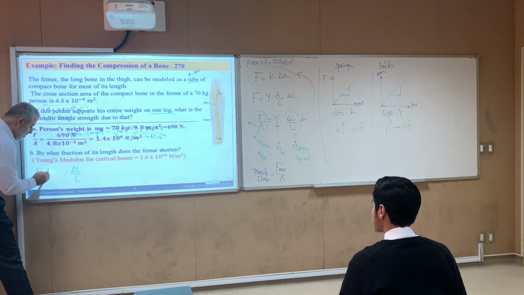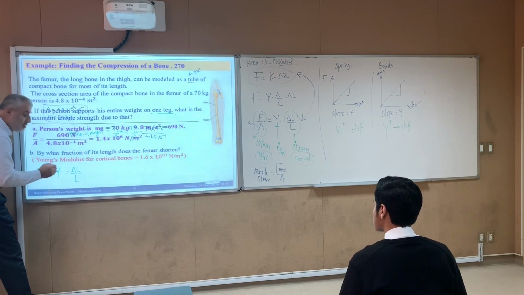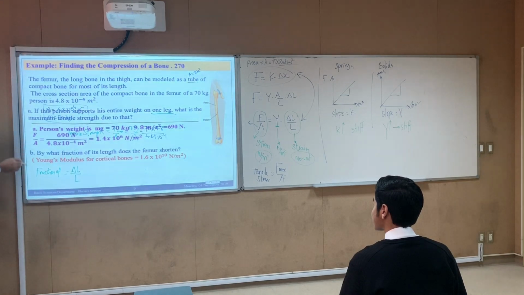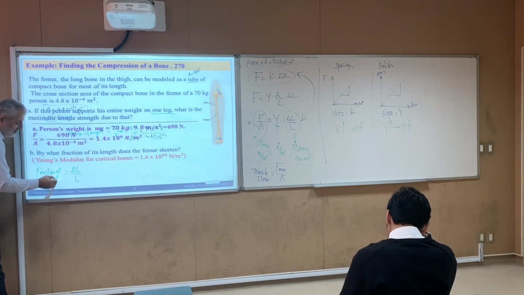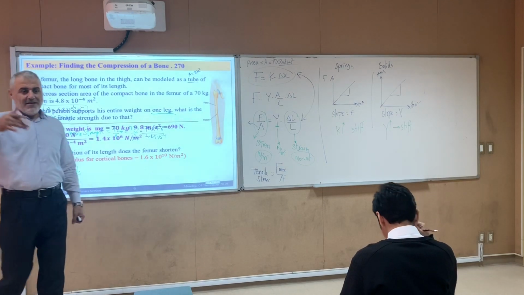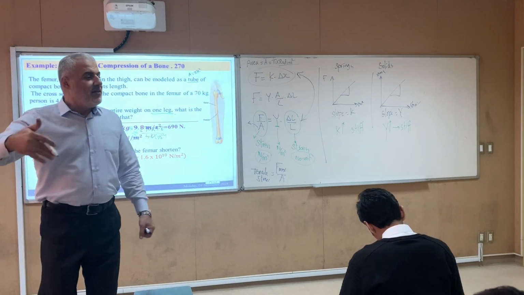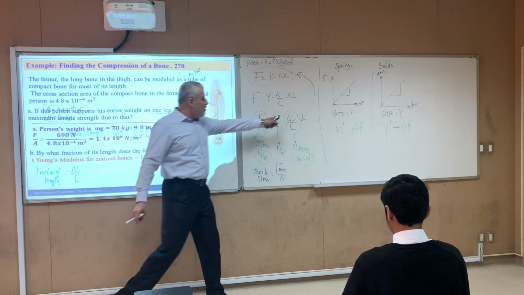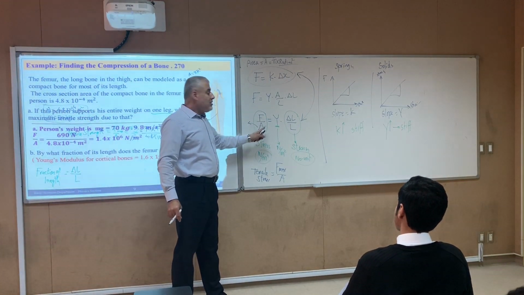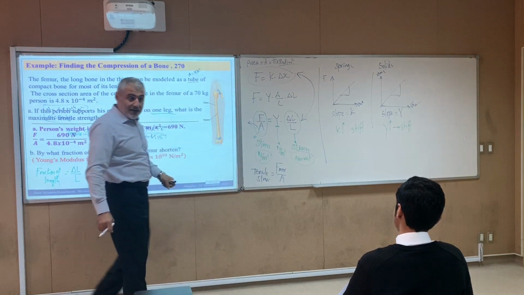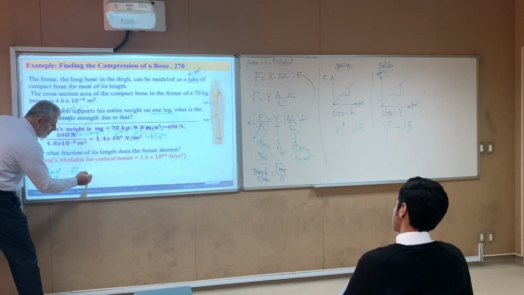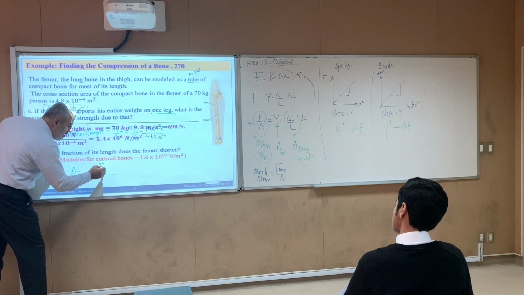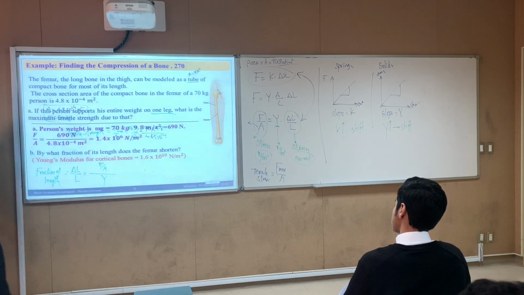Fraction of length is just like the ratio. The fraction delta L over L comes from the formula delta L over L equals tensile strength over Y. I will write it: equal to F over A over Y, where Y is given.